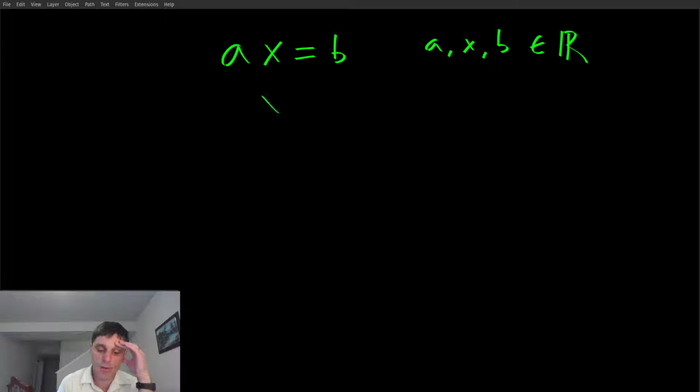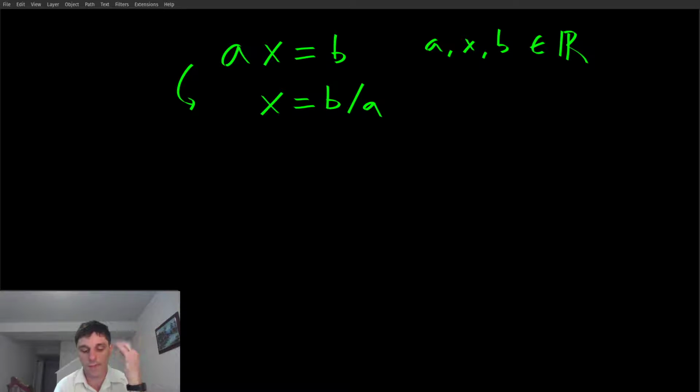X is going to be equal to b over a, in the case where a is non-zero. And the step that we take here, we do it without even really thinking about it. But what we're doing is multiplying both sides by the inverse of a.